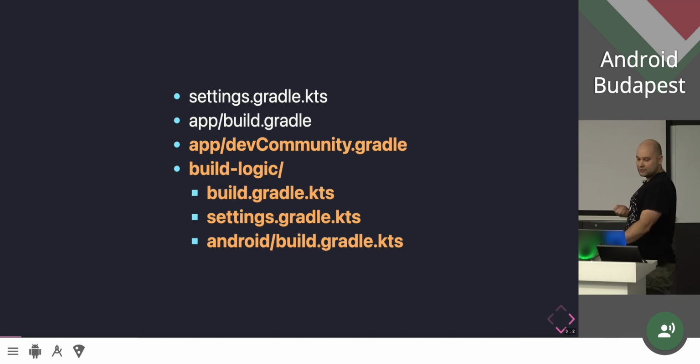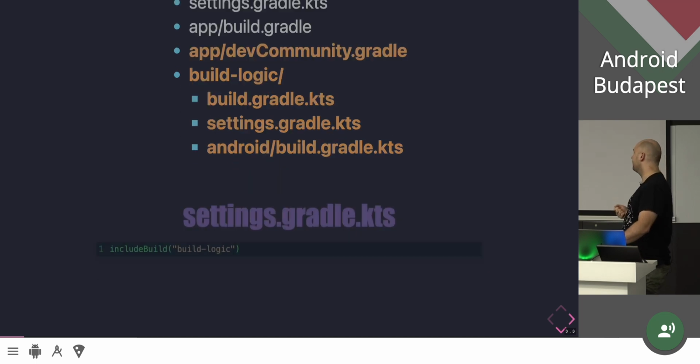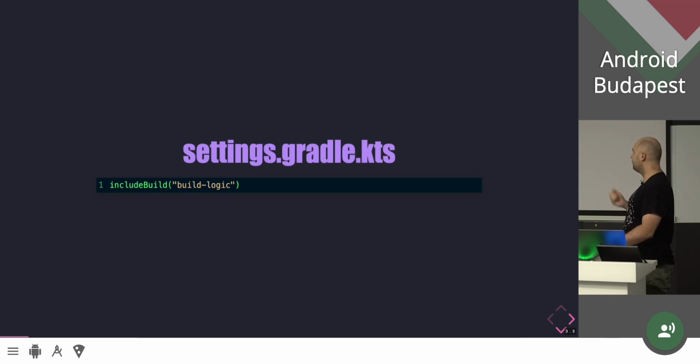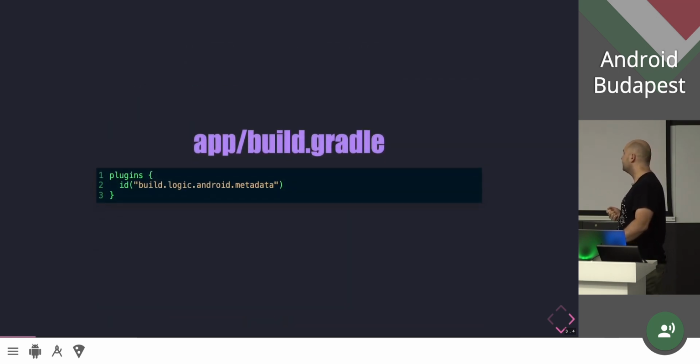So we decided to just host it inside the Git repo. To enable the build logic, you put includeBuild in your settings Gradle file. Now you come up with an identifier for your plugin. The plugin system in Gradle relies on IDs. Behind it, you will still have to supply the fully qualified path to the plugin.